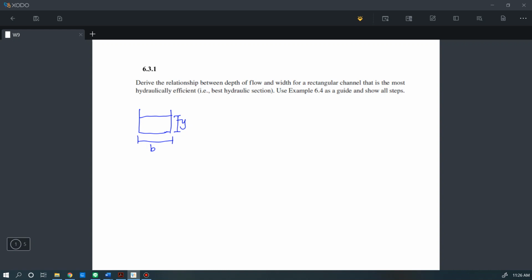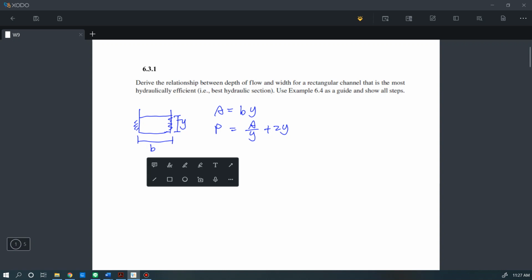So we can write down two different things. One is the area of this cross section, which equals B times Y, and the wetted perimeter P is equal to A divided by Y plus 2Y, because you have Y here, so that is 2Y.